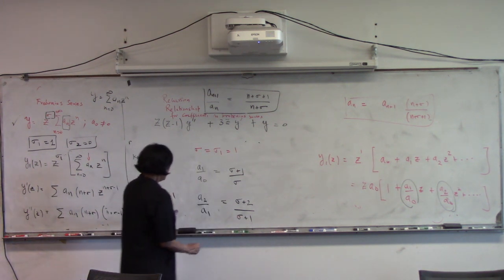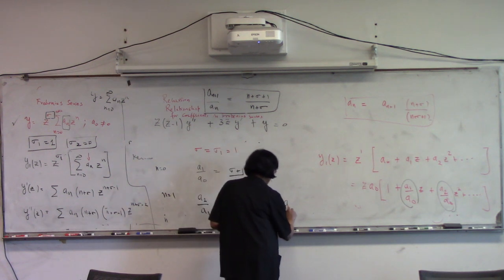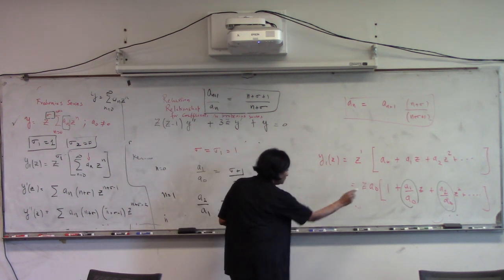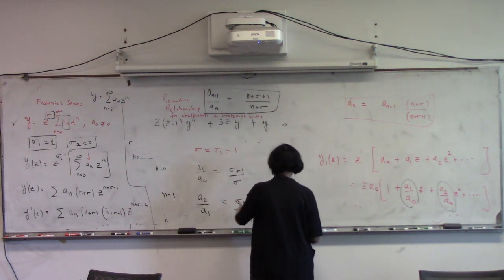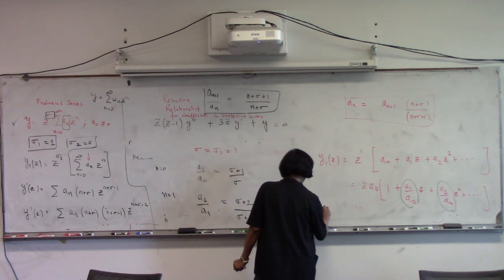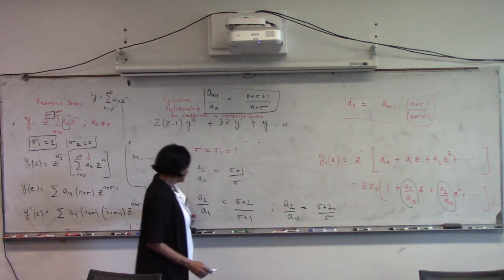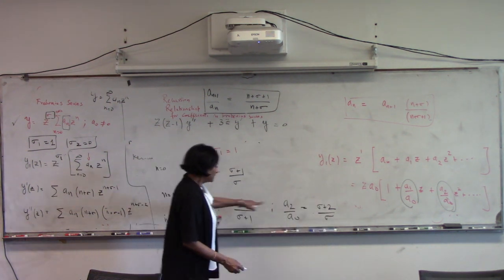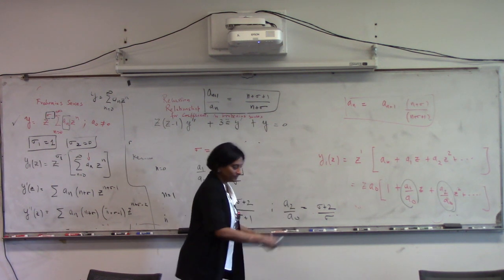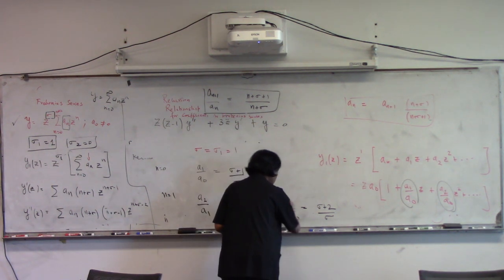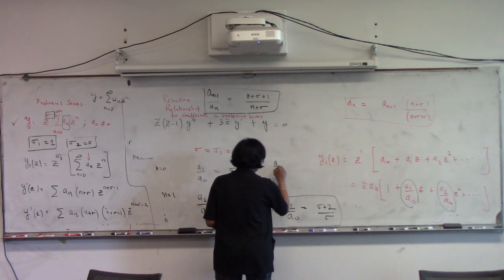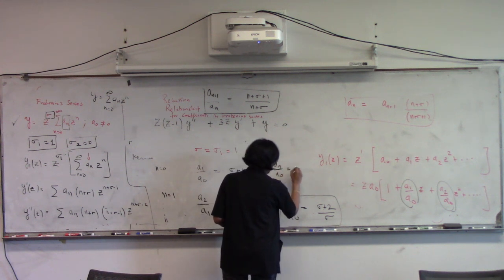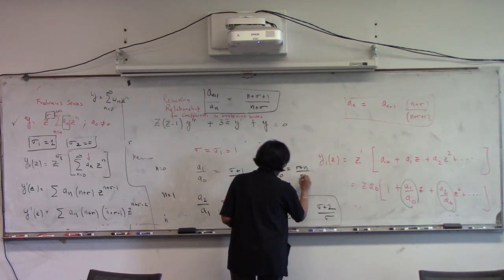But I need A2 over A0, so what I have is sigma plus 2 over sigma. So the nth coefficient is nothing but sigma plus n over sigma. That will be the nth term of that series.